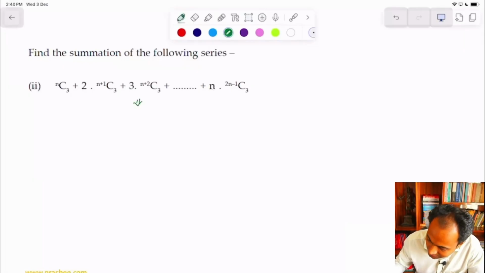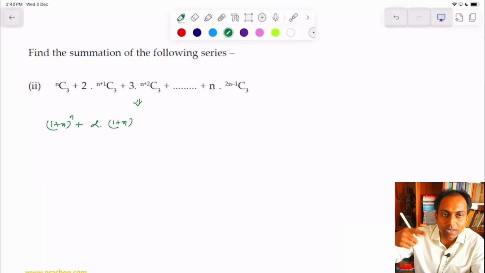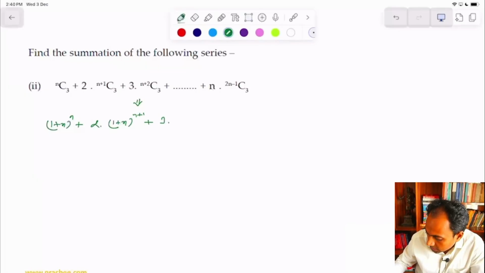The answer to this question can be written as a series in which we write (1 plus x)^n plus 2 into (1 plus x)^(n plus 1), so you can see that I am rewriting the question in reverse order now, plus 3 times (1 plus x)^(n plus 2), and this I am writing till n times (1 plus x)^(2n plus 1).